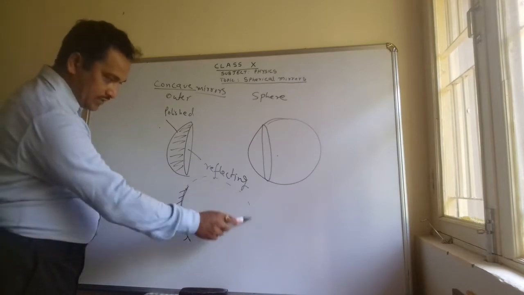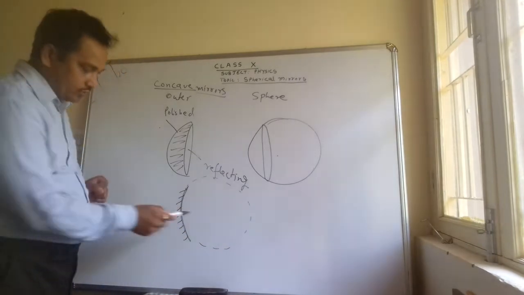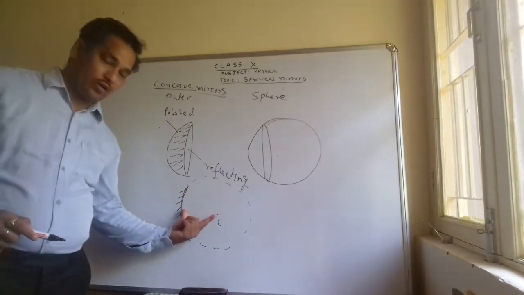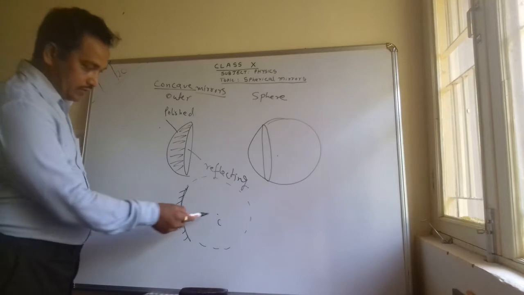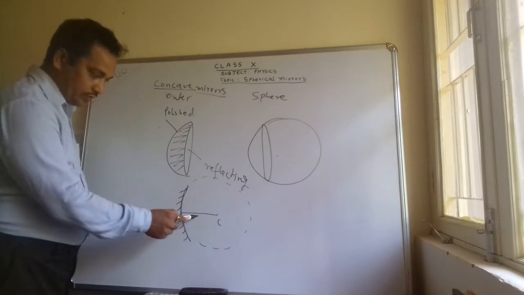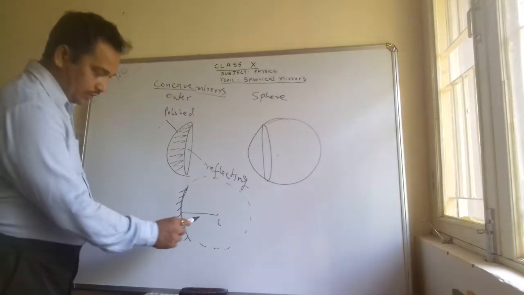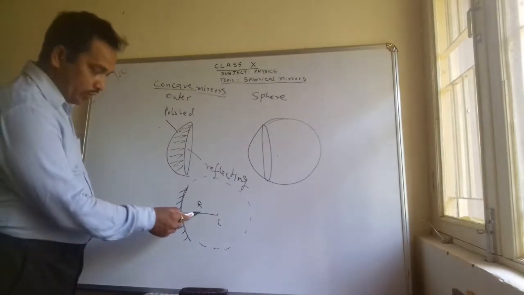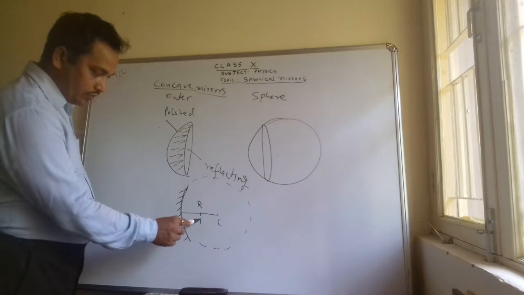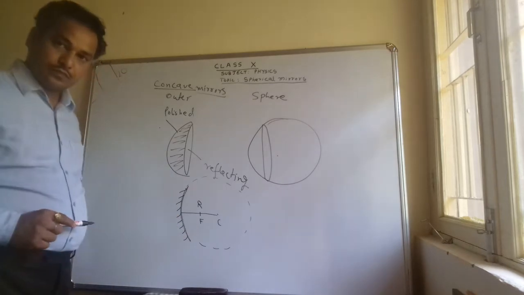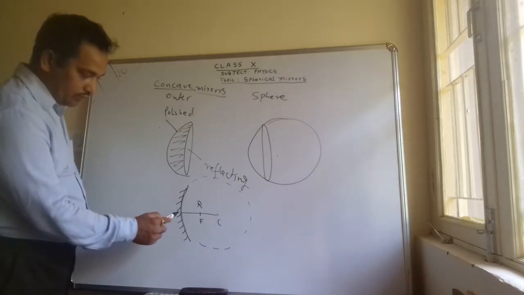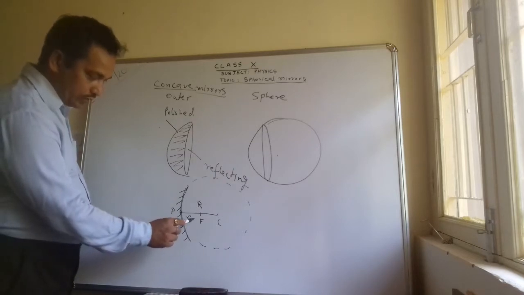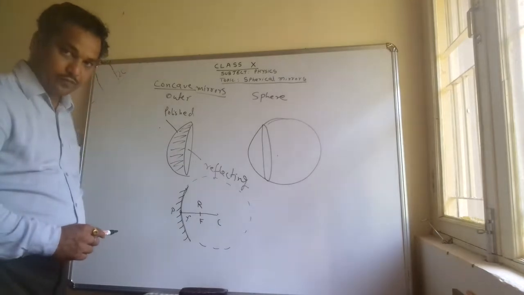Here an imaginary circle is being formed, is it? So this will be the center of the circle, and here we call it the center of curvature, and this distance is called the radius of curvature, denoted by capital R. The midpoint of this is called the focus, and this distance from pole to the focus is called focal length, denoted by small f.